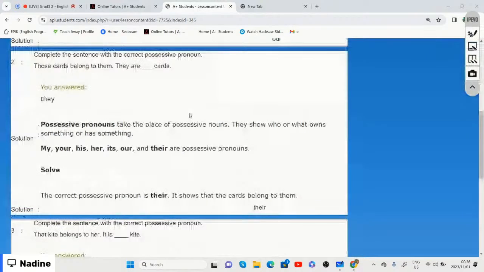We need to complete the sentence with the correct possessive pronoun. Those cards belong to them. So those cards belong to them, so they are cards. Do we say it's them cards? So if something belongs to them, do we say it is them cards?